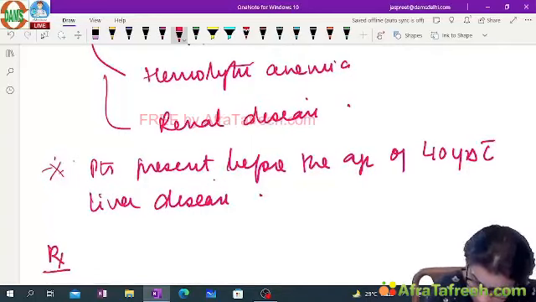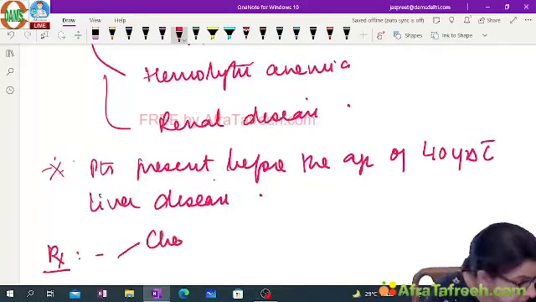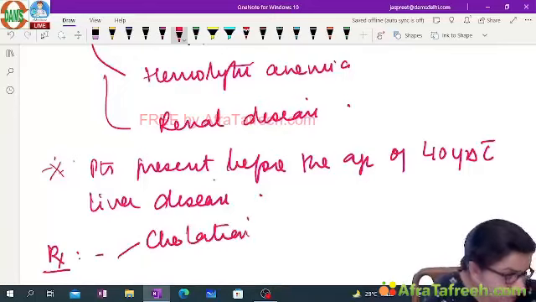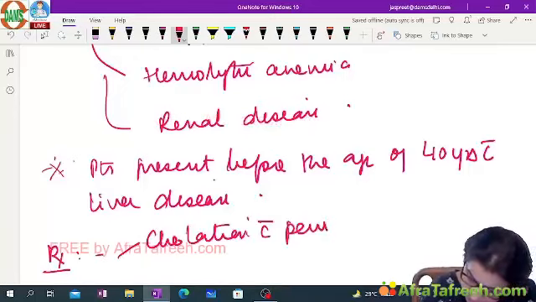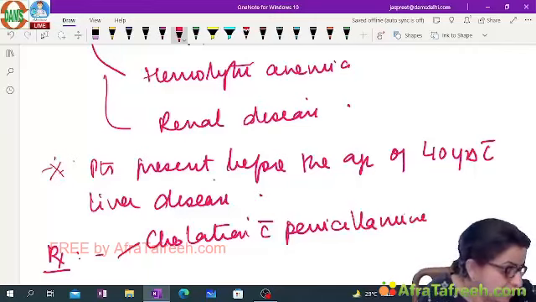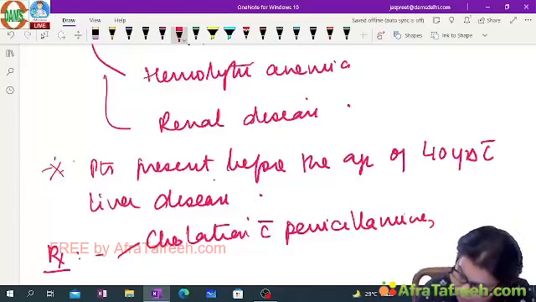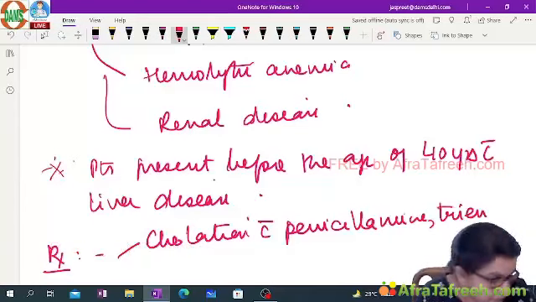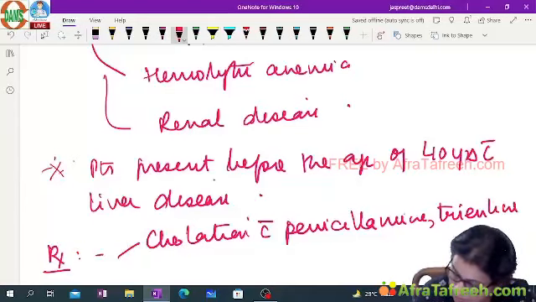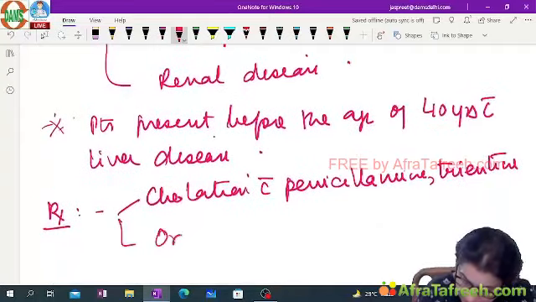And treatment is number one, chelation. So you do chelation with penicillamine, trientine. Then second, they are also given oral zinc.